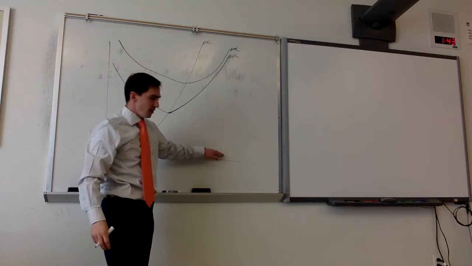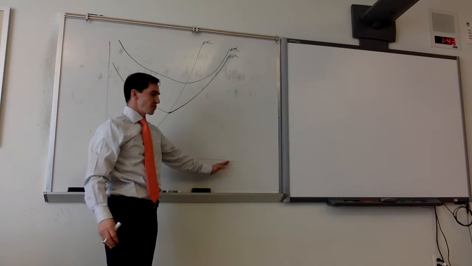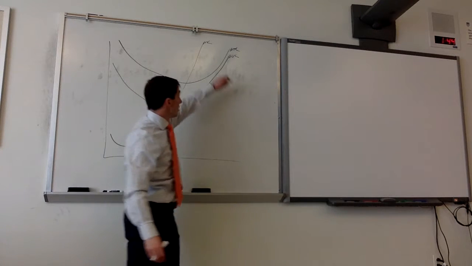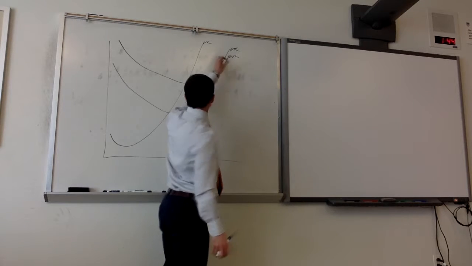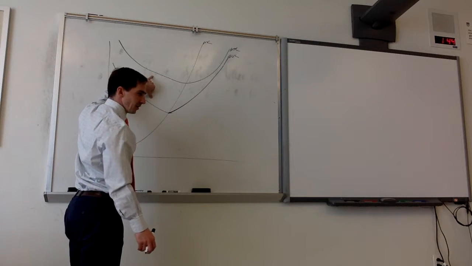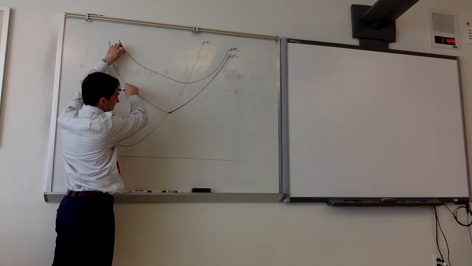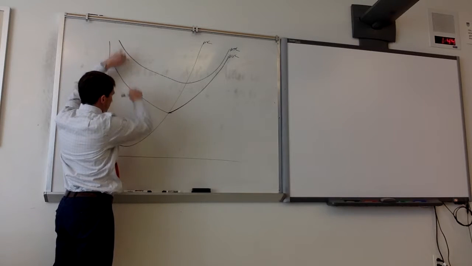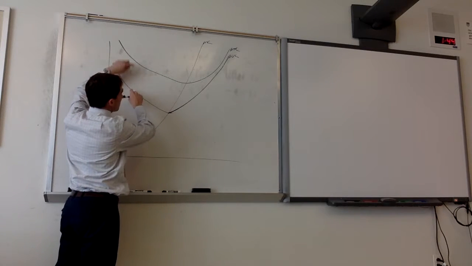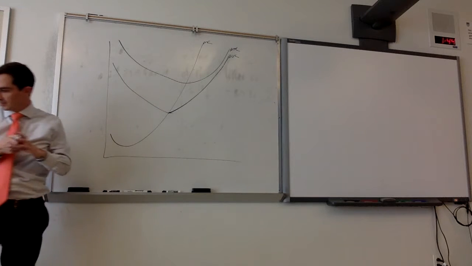Way out here, fixed cost divided by 100 or 1,000,000 is super small. The fixed cost is really small there, but it's bigger here, because the fixed cost plus the variable cost is the total cost.